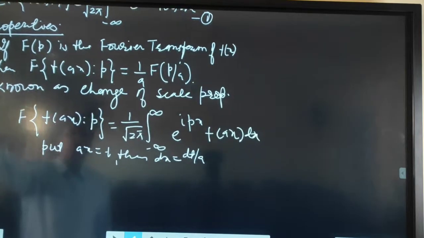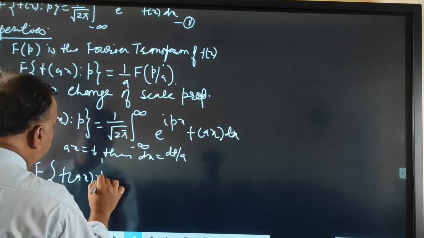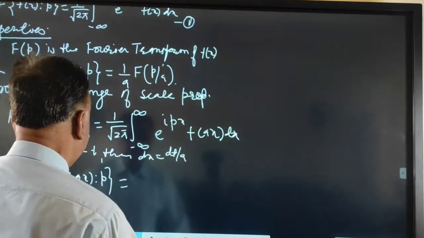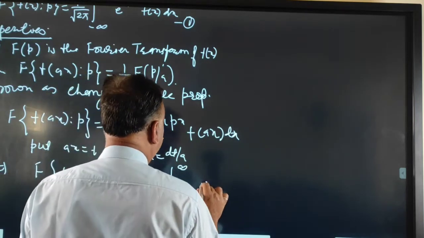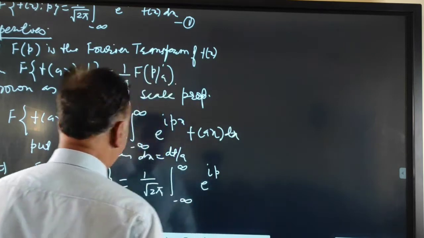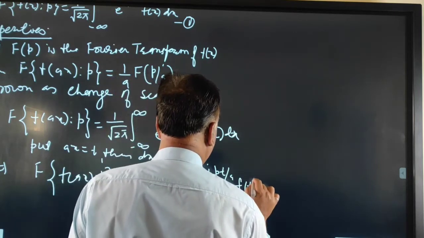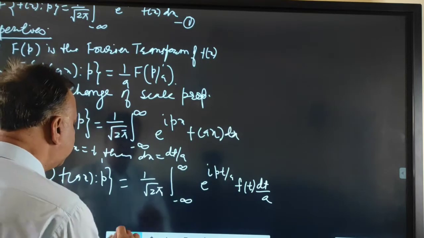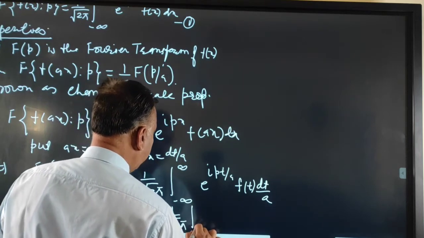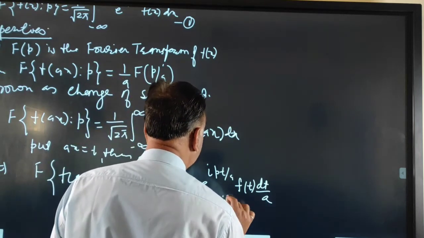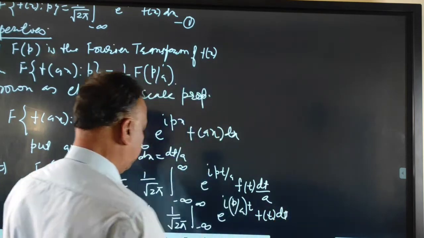So putting this, we get the Fourier transformation of f(ax) with respect to p equal to 1 upon root 2 pi integral minus infinity to infinity e raised to iota p x, here x is t upon a, f(t) dt upon a, and this can be written as 1 upon a, 1 upon root 2 pi integral minus infinity to infinity e raised to iota p upon a into t f(t) dt.